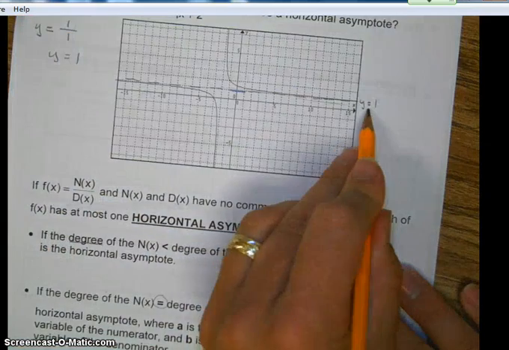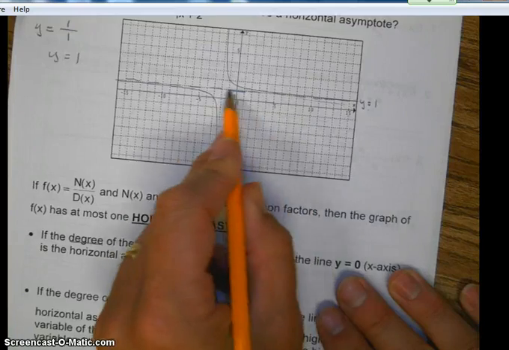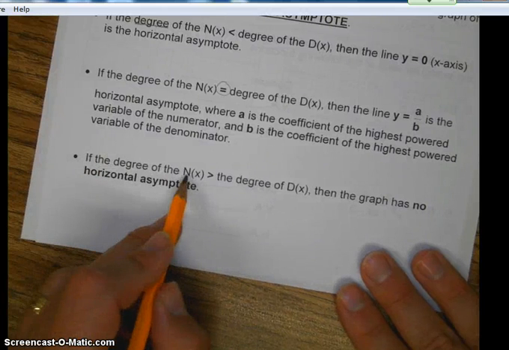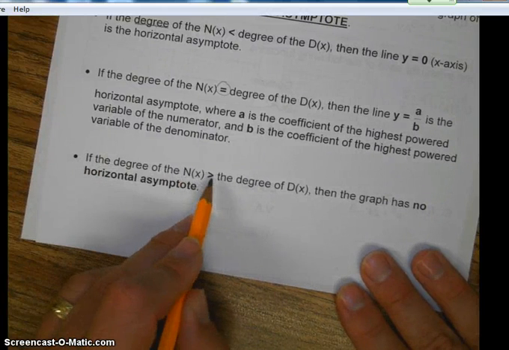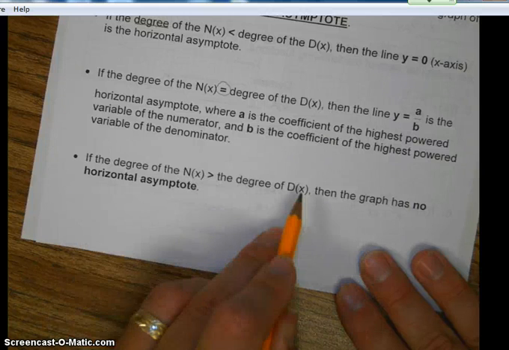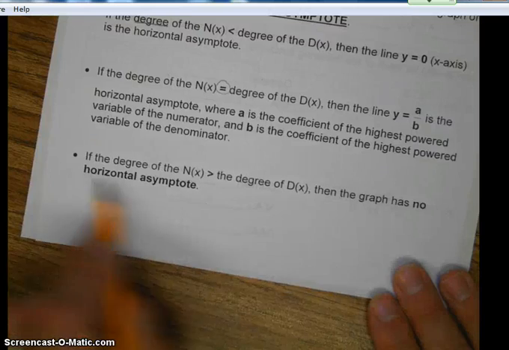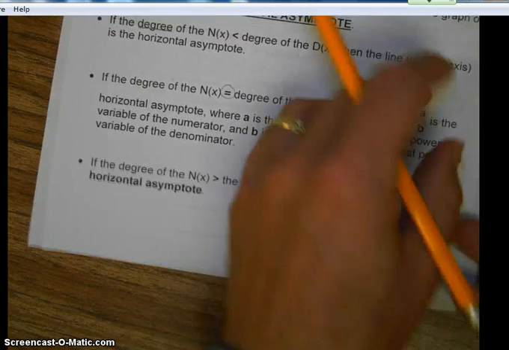And there it is. That's what we found earlier, y equals 1. If the degree of the numerator function is greater than the degree of the denominator function, then the graph has no horizontal asymptote. So let's turn the page and look at some examples.